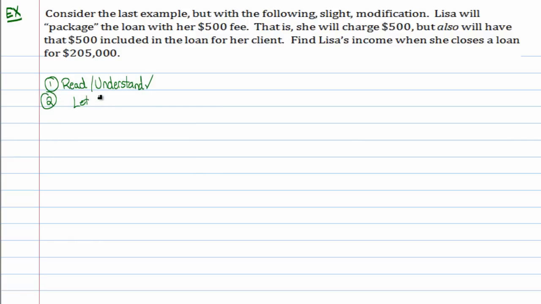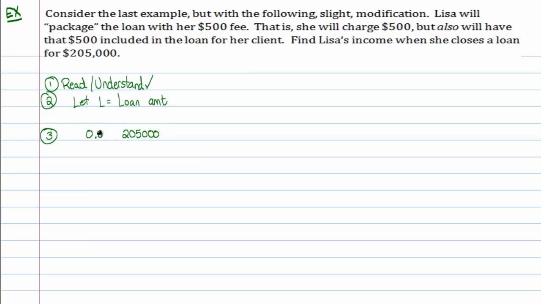Let's pretend that we don't know the loan amount, just so I can do what I did last example, just to show you. And we'll write an algebraic expression for her income. Now, her income is based on the $205,000 loan that she just closed.